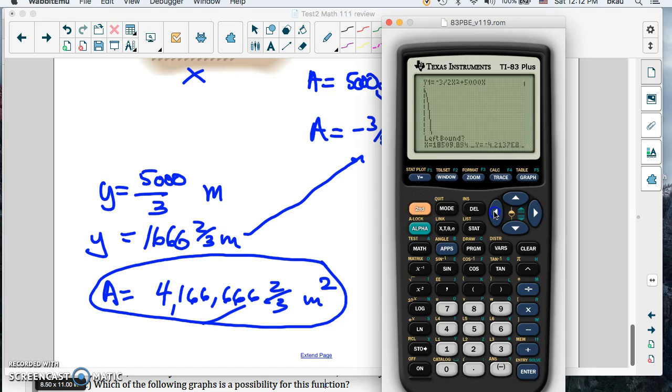All right, I need to reset my window here. Okay, so here's my maximum. So I didn't have the window set very well.